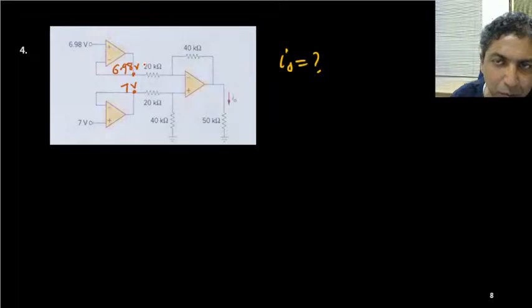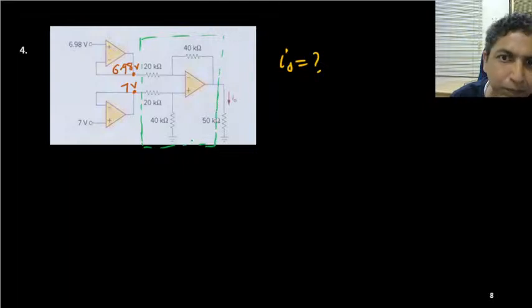Now what is the rest of the block that you need to identify? So this block, what is this one? So this is your difference amplifier or subtractor circuit. Can you identify these things?